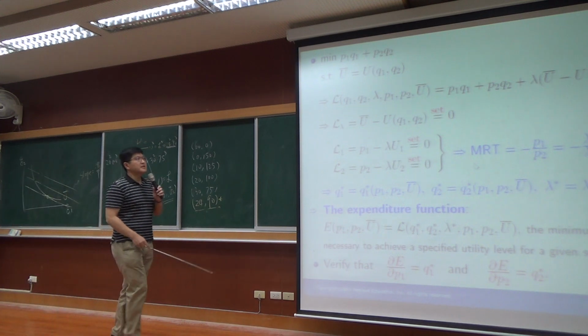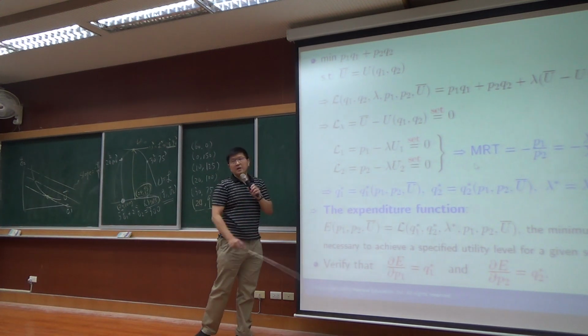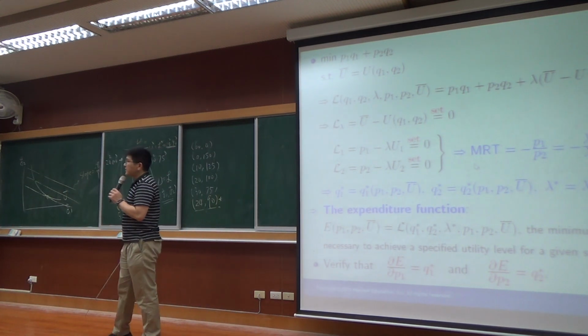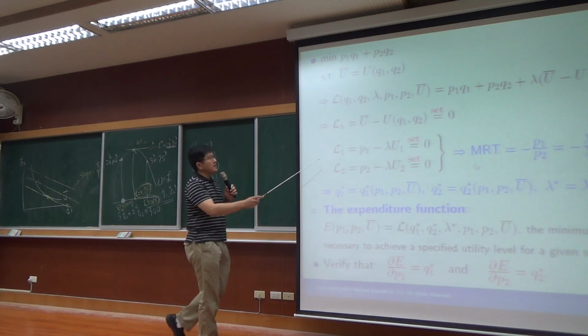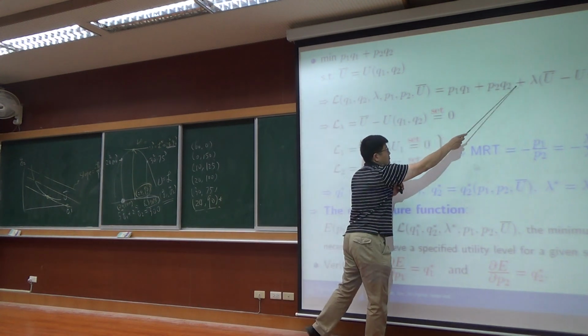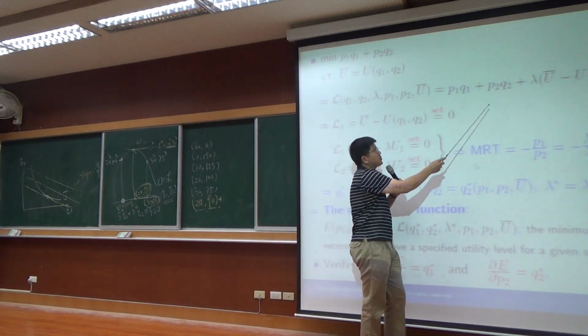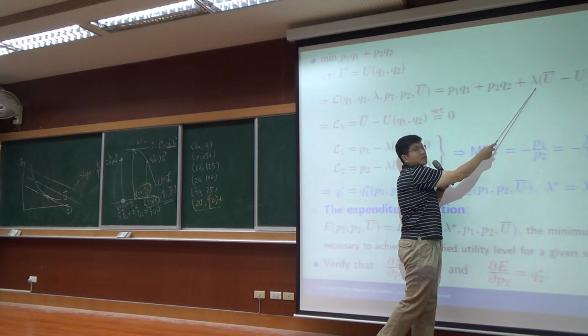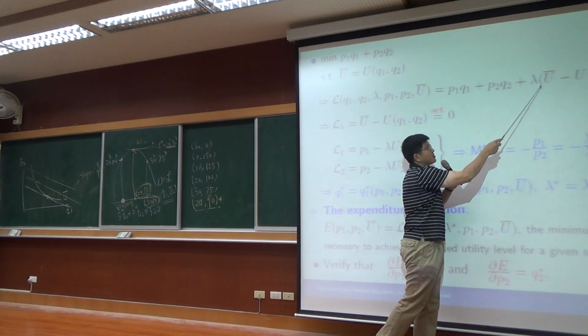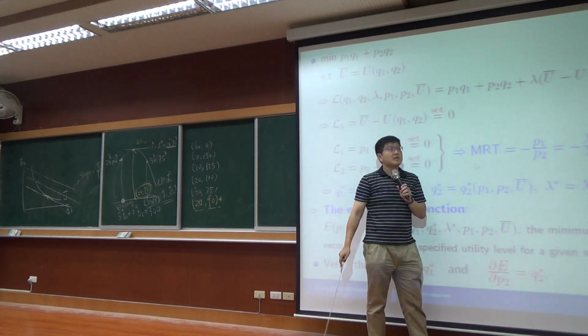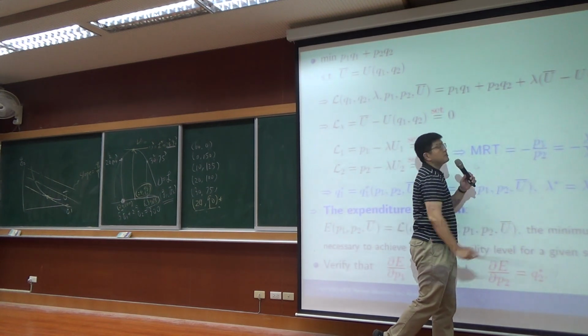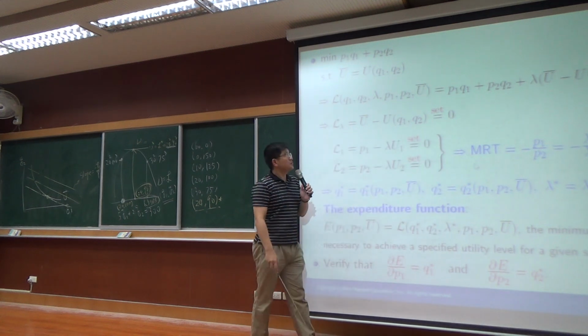Now, the same procedure, let's put down the Lagrangian function. And the first part would be the objective, total expenditure, plus the multiplier, followed by U bar minus U of Q1, Q2.